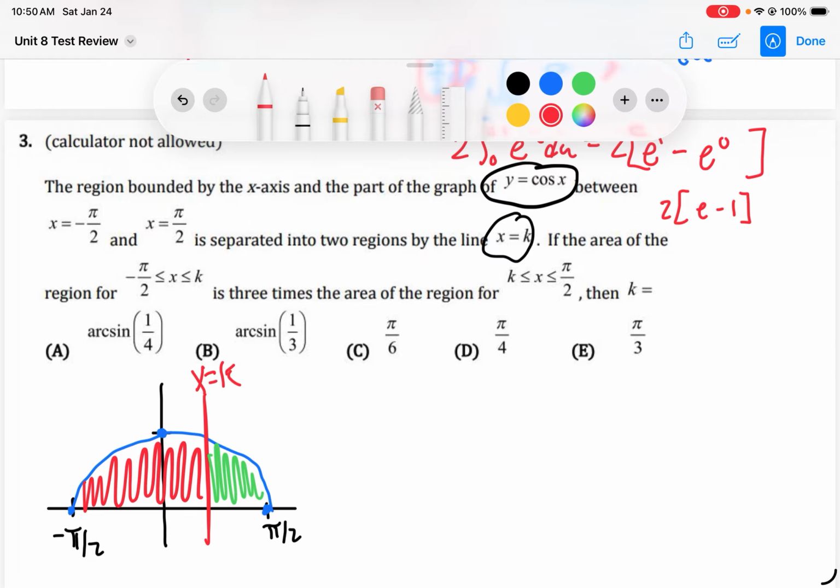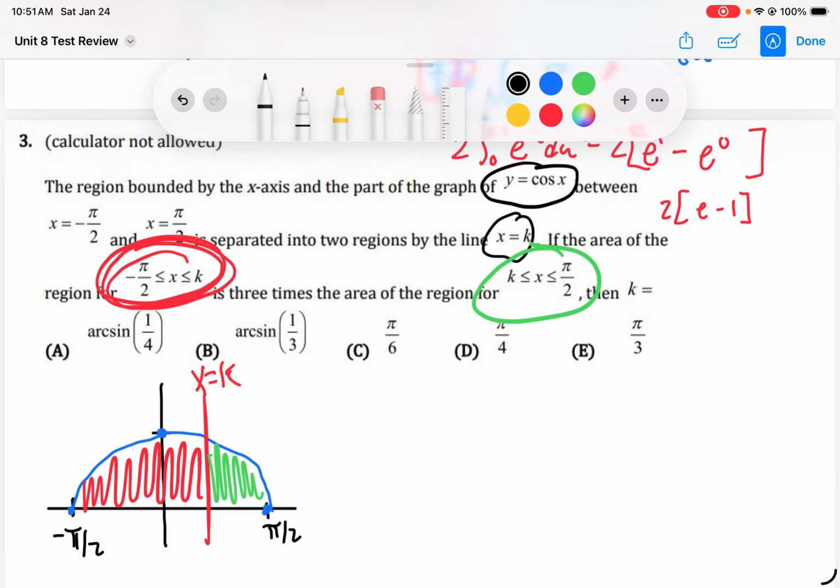All right, so enough messing around. I don't know where this k is exactly. It could be more over here, it could be right here, but I know that the region on the left side from negative pi over 2 to k is 3 times the area of this part, which I'm going to say is the green one. So the color might help you. I need to find the perfect number that would make that happen.